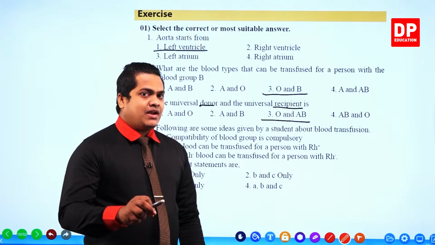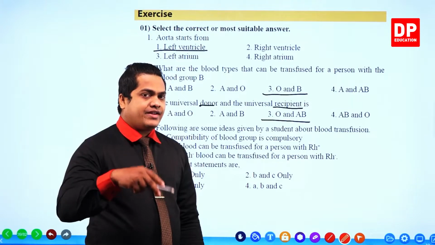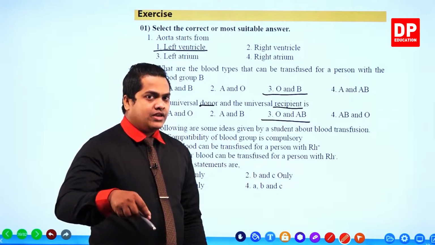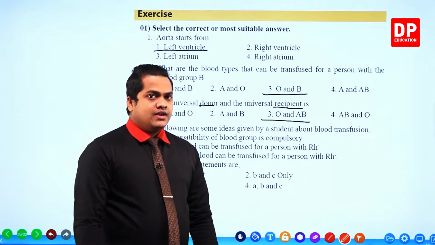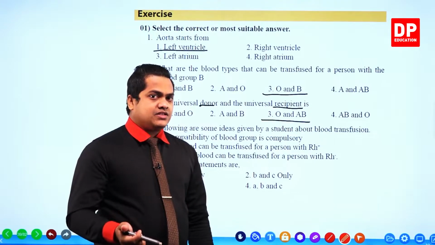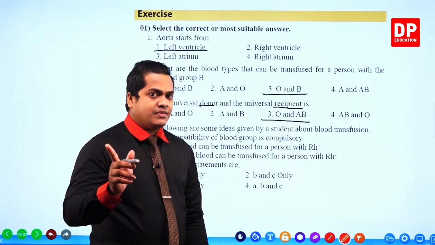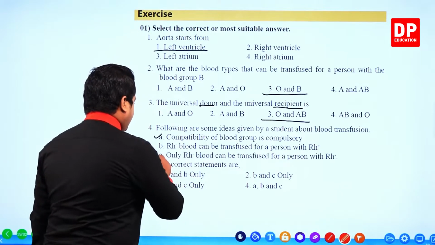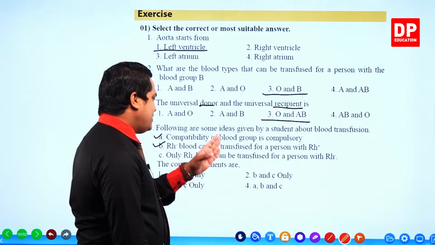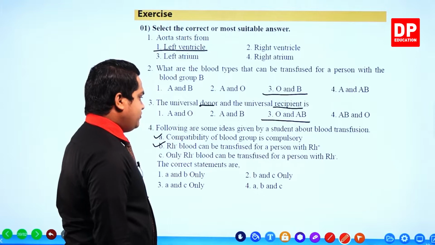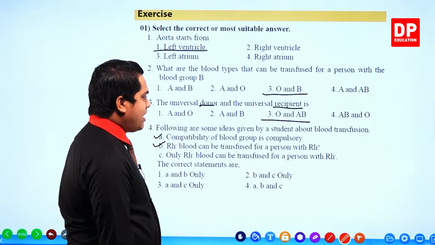Minus blood can be given to a plus one because plus means the protein is already getting produced within that body. So that body can provide the necessary protein, necessary rhesus factor for the negative blood which is received from another person. So this is correct. Only RH minus blood can be transfused for a person with RH minus.